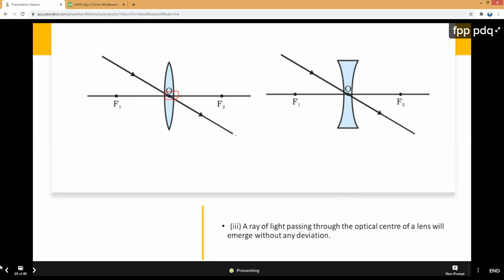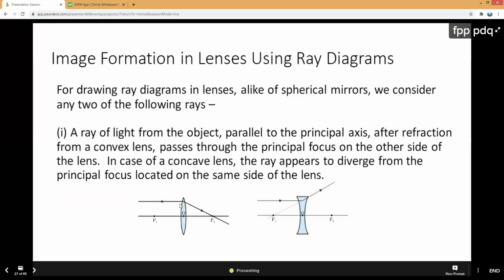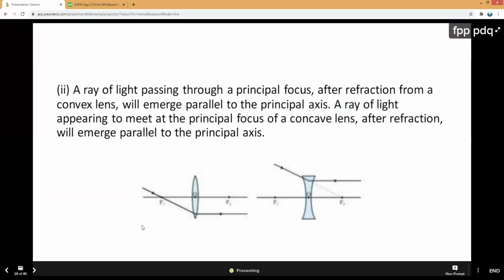The ray of light passes through like this and comes out straight in both cases. Any doubt? All three are basically the same thing as in mirrors, it's just that the ray passes through to the other side now. And keep in mind that when you're drawing the ray diagram of a lens, you will have two focus, two centers of curvature, and one optical center instead of the pole.